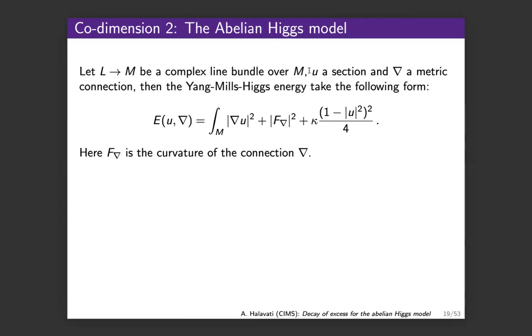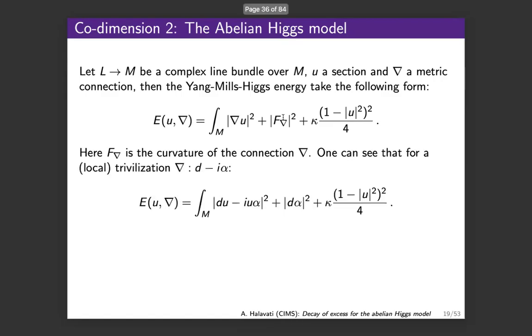And then U plays the role of a function, which is a section, and this nabla is basically a metric connection, or that twisted gradient. And the energy takes the following form, where F is the curvature of this connection. If you're not comfortable with this, you can look at this energy locally and write it as a Cartesian product of complex numbers with some open set of the base manifold.